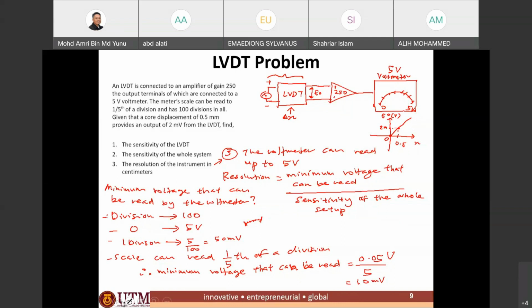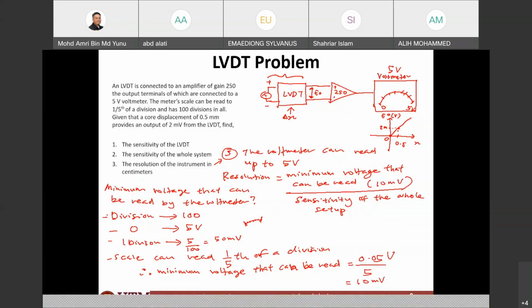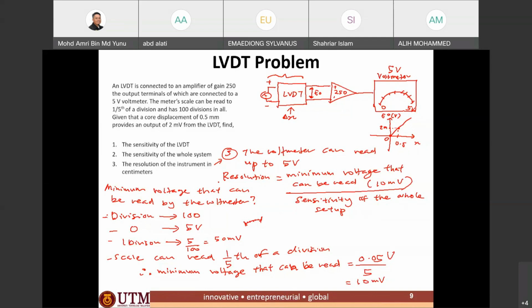So the resolution. Here in the minimum, we get 10 millivolt, and the sensitivity for the whole system is 1000 millivolt per mm.